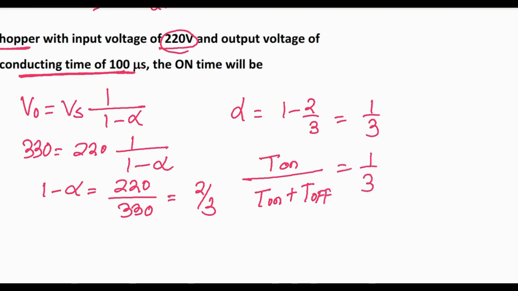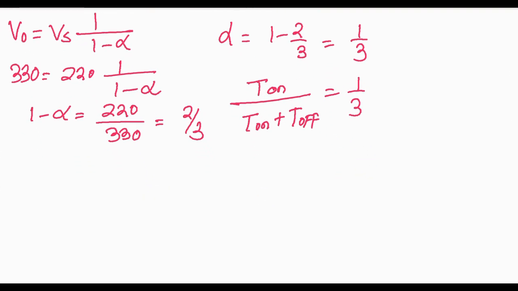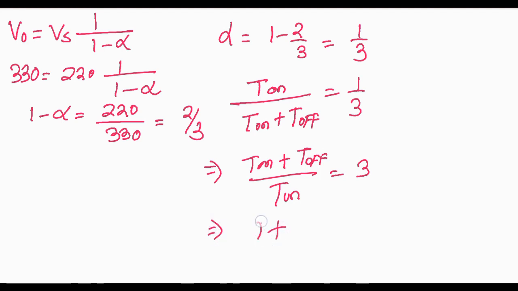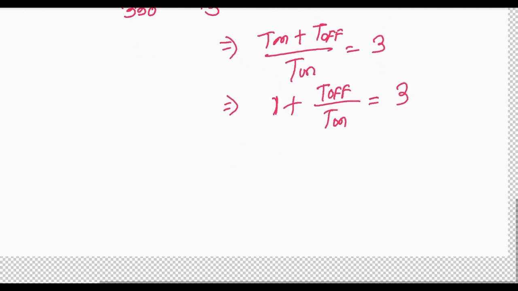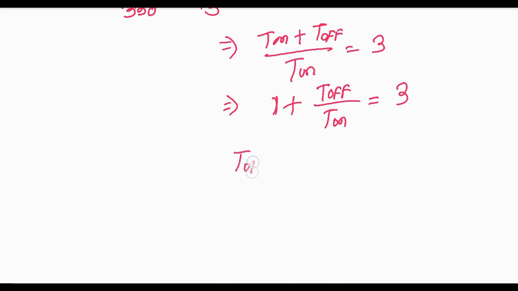So what will be the next step? We have to reciprocate. So turn on plus turn off by turn on will be equal to 3, and this will be equal to 1 plus turn off by turn on. So this will be 3, and turn off by turn on will be equal to 2.